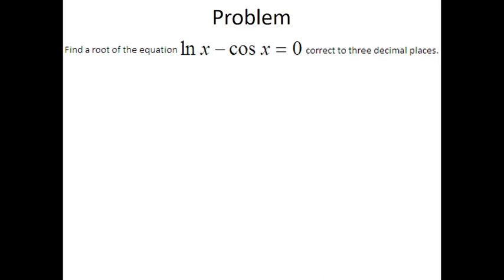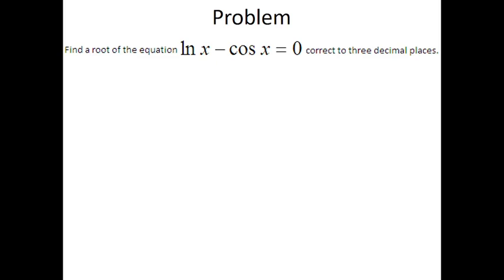So here's the problem. Find the root of the equation ln x minus cosine x equals 0. Correct to 3 decimal places. No? So 3 decimal places. So what is the root of this equation? So ibig sabihin ng pag sinabing root, what value of x will satisfy the given equation? No?